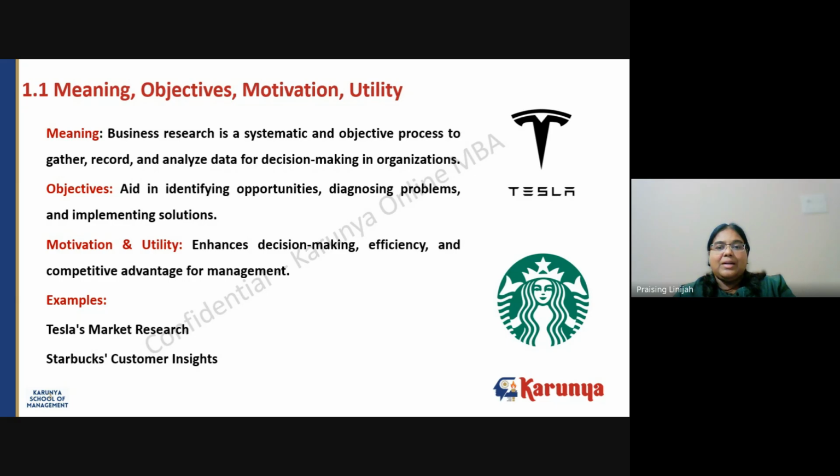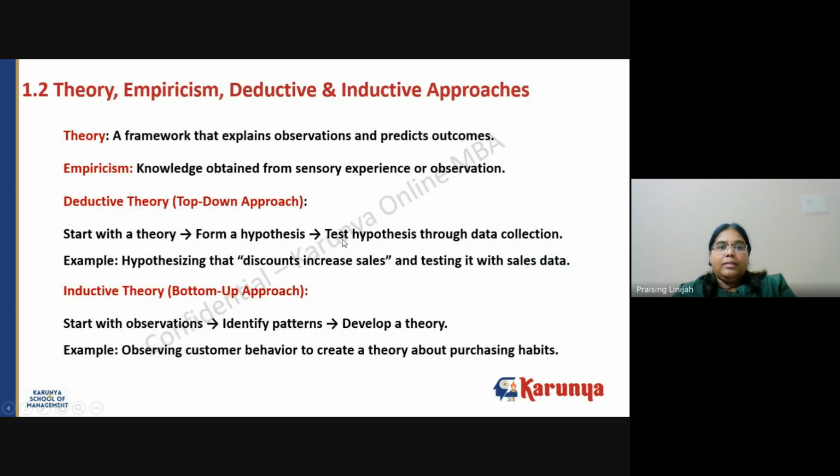So let's try to understand the approaches of business research. Theory, empiricism, deductive, and inductive approaches. So, what is theory? This is the map drawn from experiences. For example, the theory that consumer loyalty will lead to long term profit.